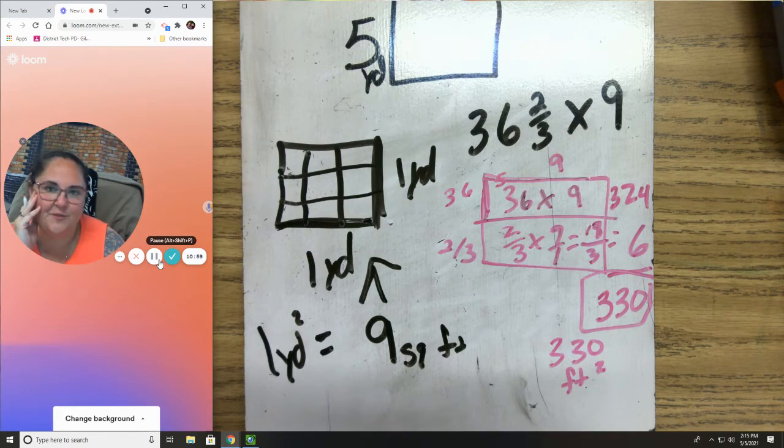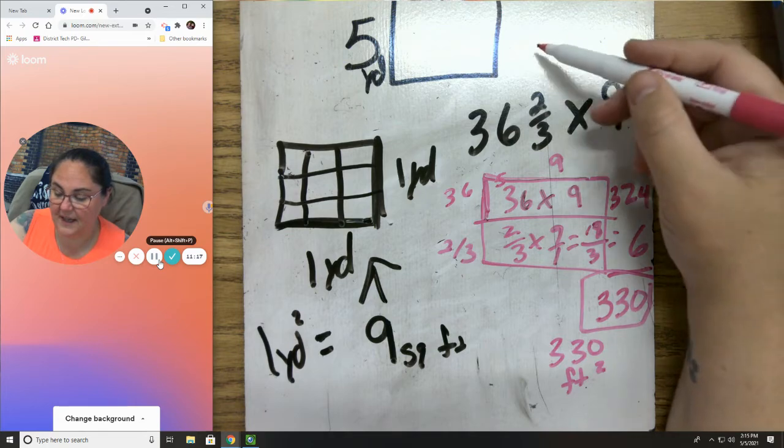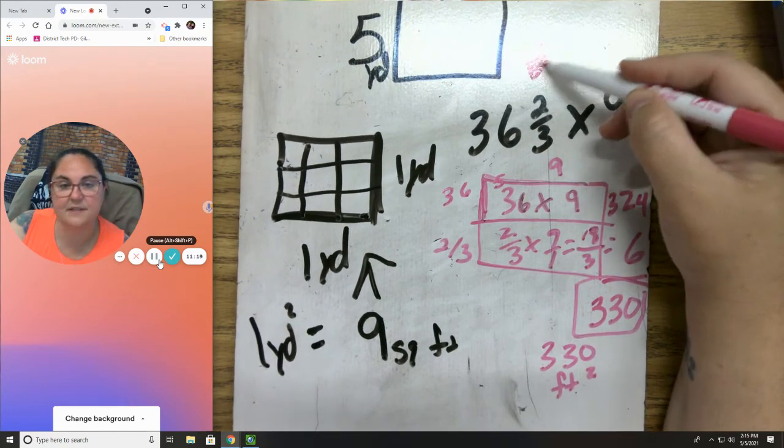Now this is where it gets tricky. If I were to ask you how you found that answer, you would say, first, I found the area in yards.